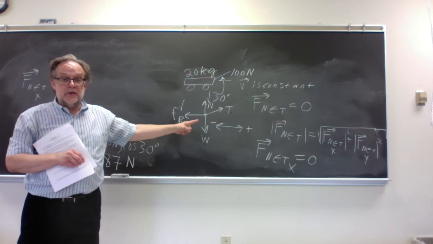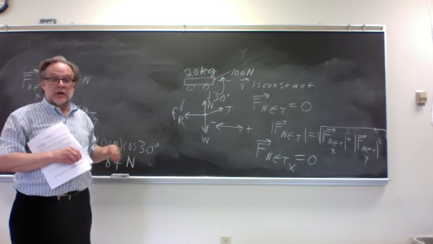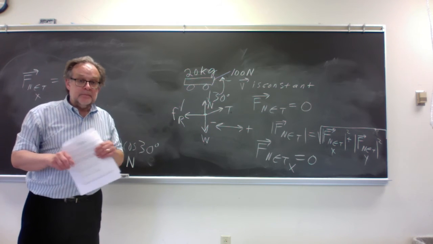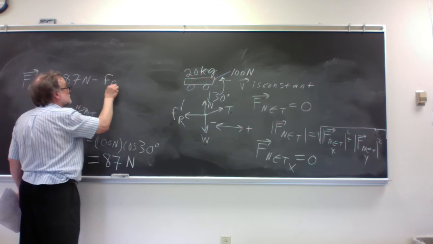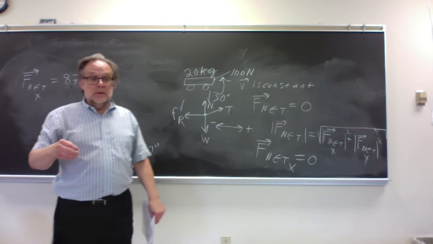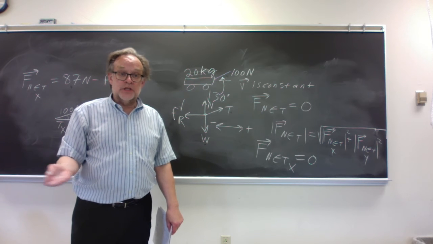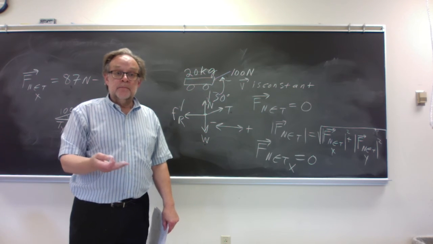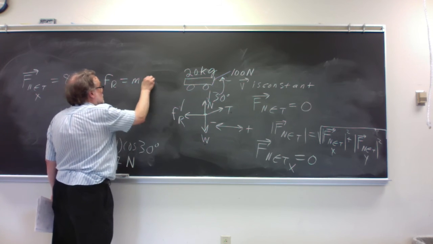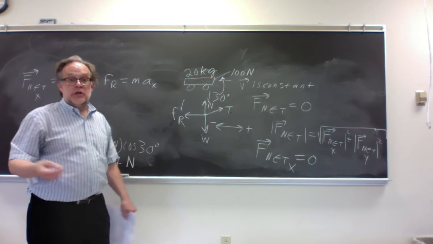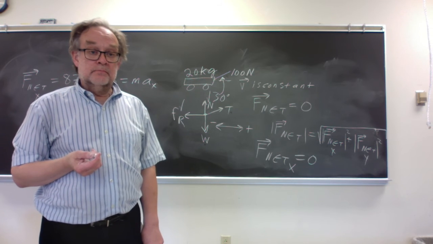All the force in the negative x direction is simply the rolling friction. And being the net force in the x direction, that's going to have to equal mass times whatever acceleration you might have in the x direction.